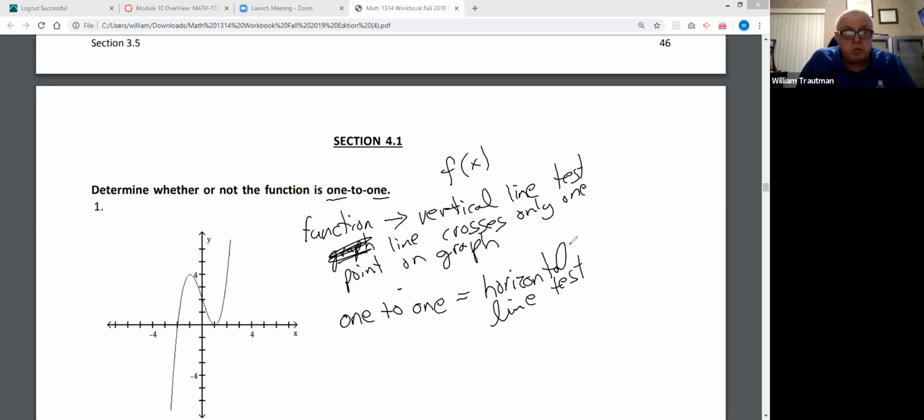If you draw a line and it crosses only one time, oh, it only crossed one time. However, you have to try to cross more than once. Look at this. It crosses more than once. So this is not 1-to-1.